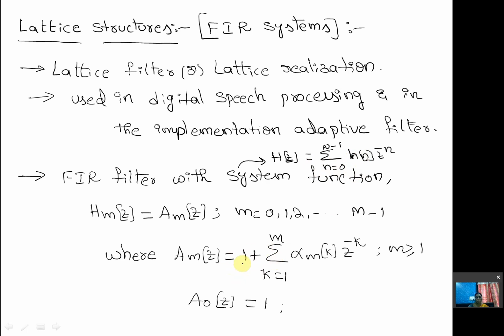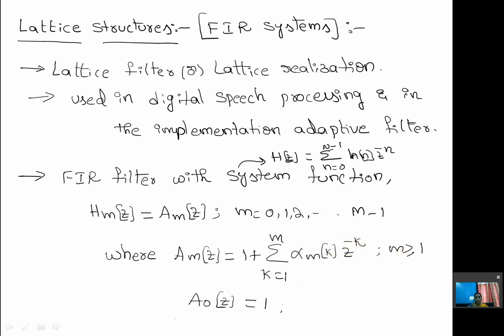That's why I am separating this term. So h(0) plus the summation of h(n) z power minus n for n = 1 to N minus 1. But I am writing it like this: h(0) is 1 plus the summation, using k instead of n, k = 1 to capital N minus 1, which is here capital M minus 1. So alpha_m(k), the coefficient symbol used instead of h(n), into z power minus k.